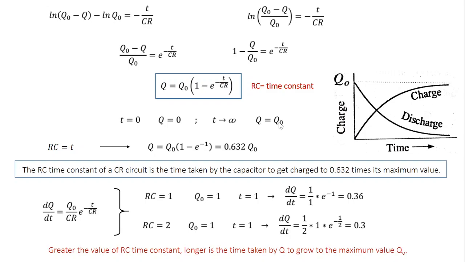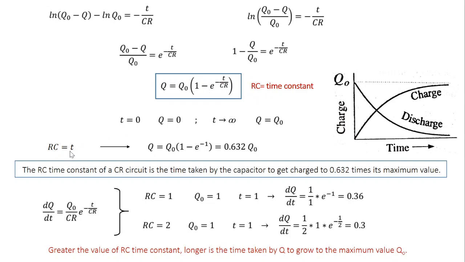So you have a function which changes from q equal to 0 to q equal to q0, and this is an exponentially increasing function. Similar to the growth of current in an LR circuit, you have an exponentially increasing function here. And what's the meaning of this RC time constant?